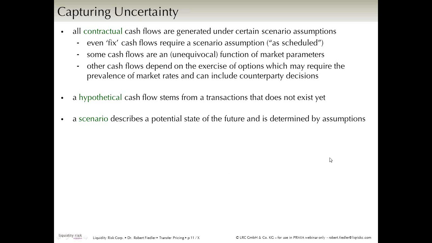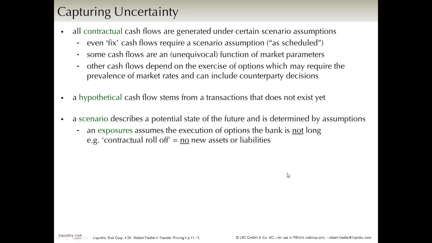And there are two types of scenarios. An exposure assumes the execution of options the bank is not long. For example, it would be contractual roll-off. It's everything that happens to the bank and where the bank is not actively trying to change this. The forward liquidity exposure in this sense is an exposure.